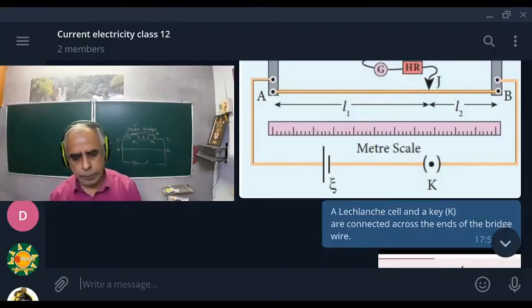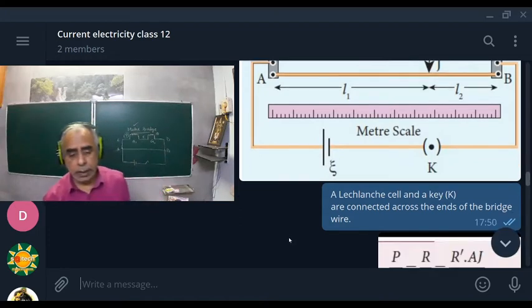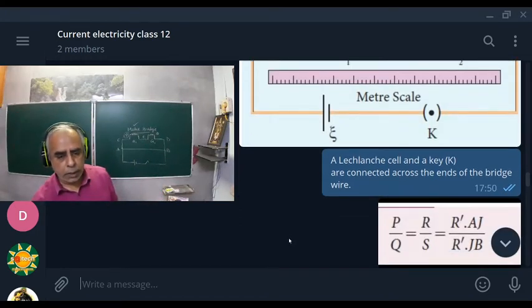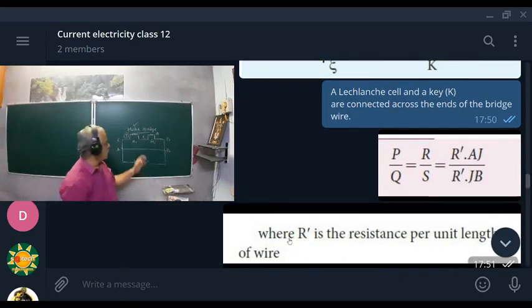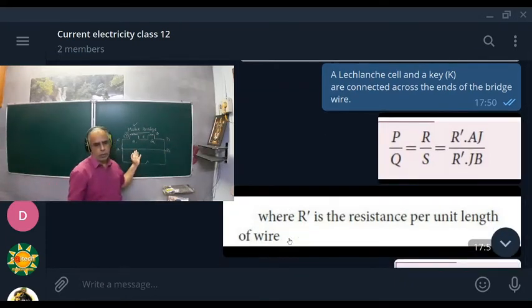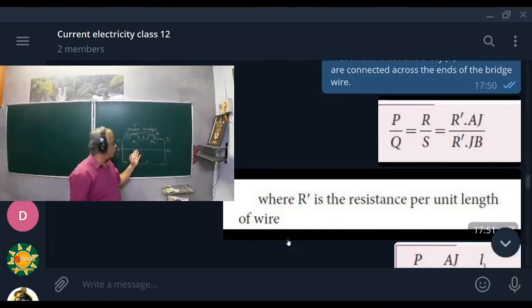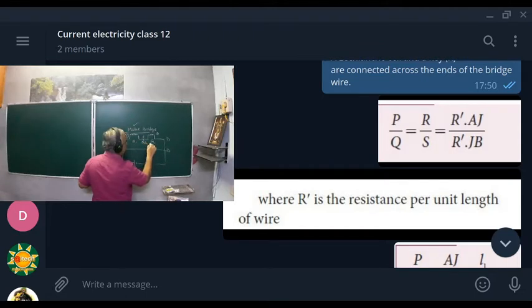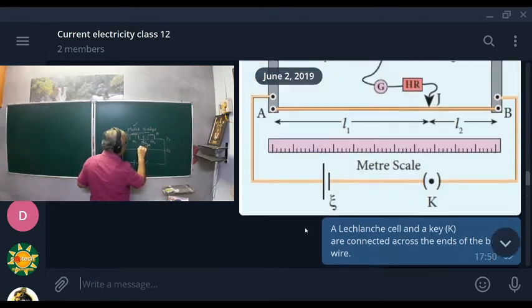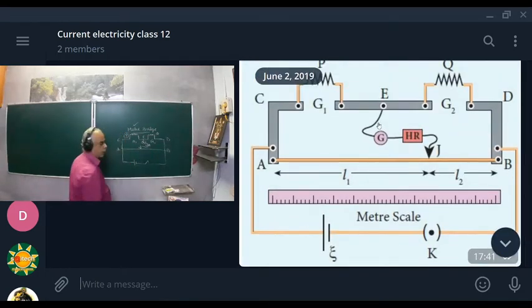Here the Leclanché cell and a key are connected across the ends of the meter bridge, the 1 meter wire. So AB is the rod, and here you have to introduce a galvanometer, and then a high resistance box, through which a jack is connected here.